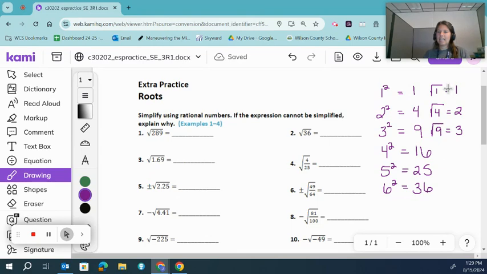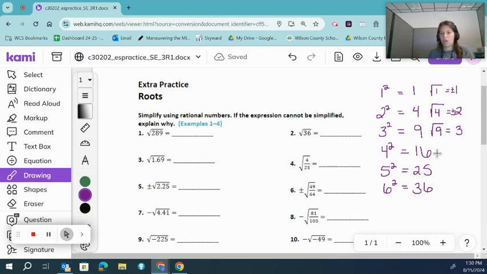And these also can be positive or negative because -1 times -1 is +1. And -2 times -2 is +4, just like +2 times +2 is +4.